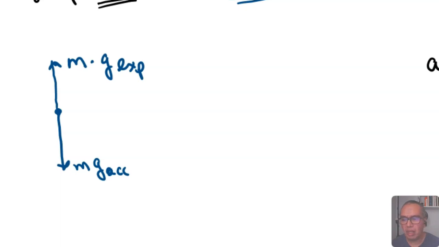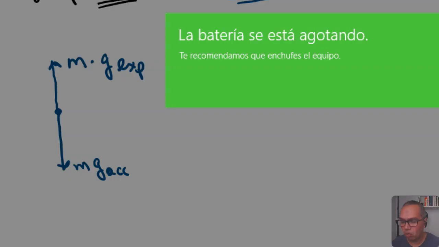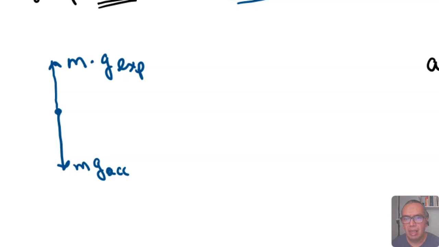And so what we can establish is that the normal force is given by the difference between these two. And that normal force is going to be the mass of the object times the acceleration that you're looking for.